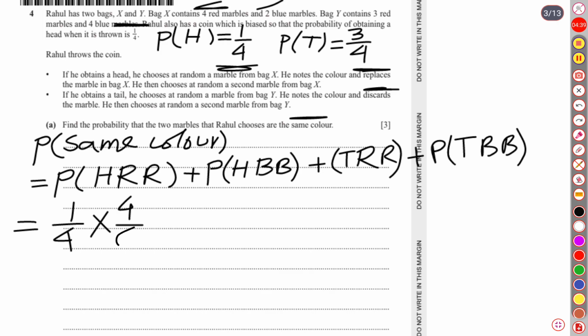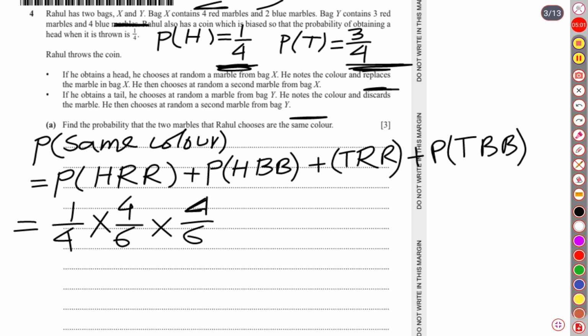So it is going to be 4 over 6. Now the second marble, look at this. In case of bag X, it is written he replaces the marble. If he replaces the marble, the total number and the number of marbles of a specific color will remain the same. So it's all the same, 4 over 6.